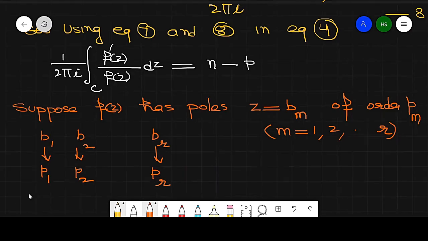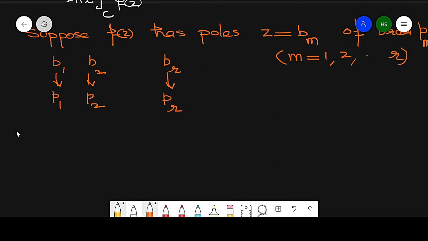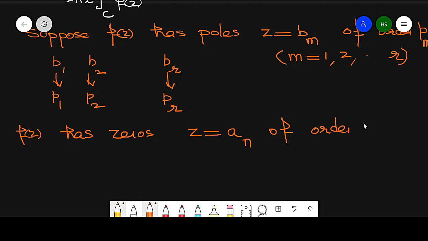Similarly, we can take the zeros. Suppose f(z) has zeros at z equal to at of order nt, where t runs from 1, 2 and so on up to s.